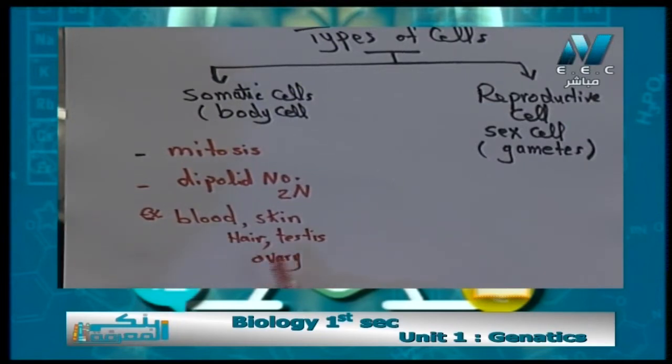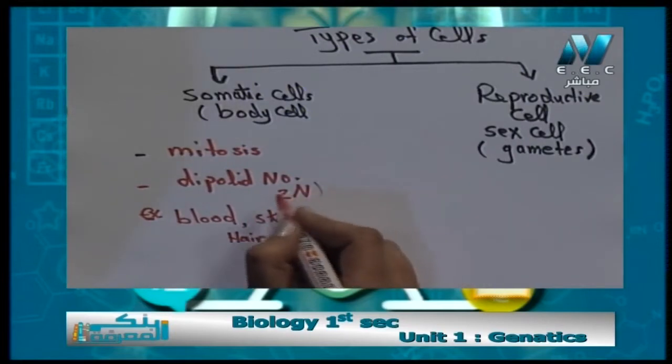All these are somatic cells, containing a diploid number of chromosomes. Diploid number here means a complete number of chromosomes, 2n.